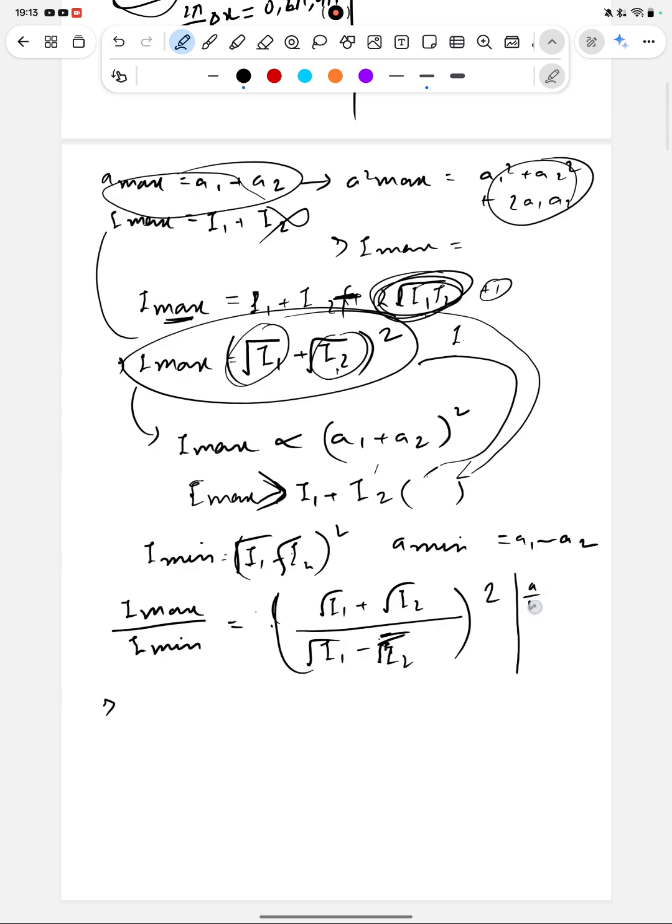A by b equal to c by d can be written as a plus b over a minus b equal to c plus d over c minus d. So this can be applied here. For I max and I min, let's just put everything in root.